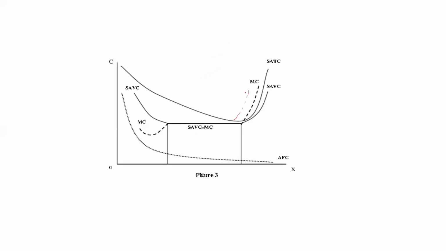After that MC starts rising, and as the average total cost is the sum of average fixed cost and average variable cost, this is why it remains above all the cost curves. So this is the description of the modern theory of cost, and this is regarding short run cost curve analysis.